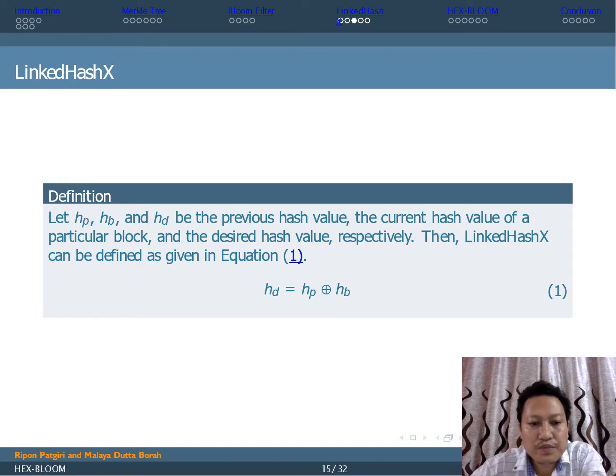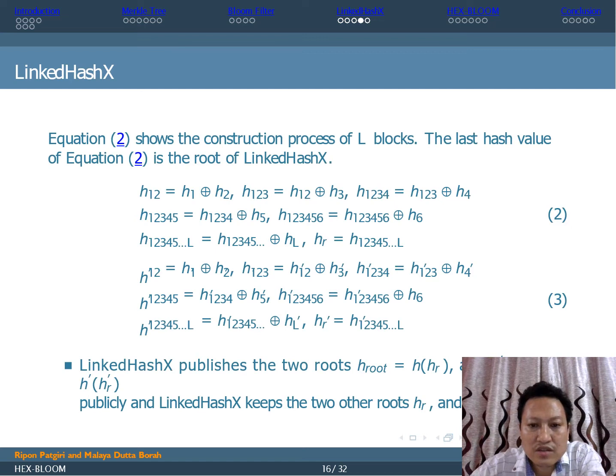Let HP, HB and HD be the previous hash value, the current hash value of a particular block, and the desired hash value respectively. Then Linked HashX can be defined as given in equation 1: HD = HP XOR HB. This is an elaboration of equation 1, and HR is the final hash value in equation 2, and HR' is the final hash value of equation 3.